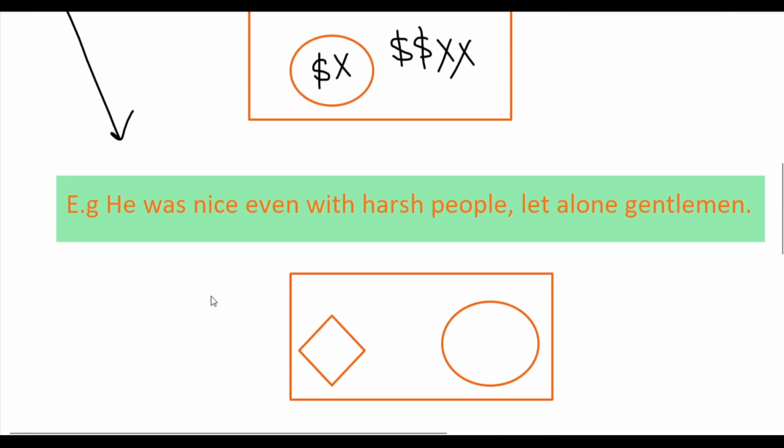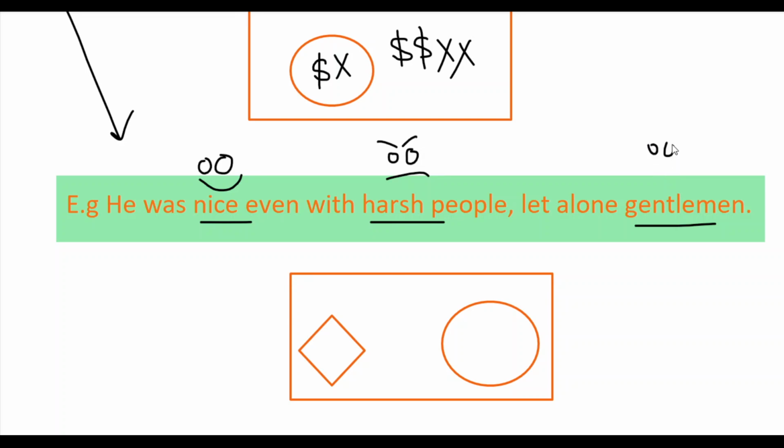"He was nice even with harsh people, let alone gentlemen." So in this case, what is happening is that the overall domain is already considered. So if I want to describe this, I would say, okay, he was nice. This guy is pretty nice. He's soft-spoken, even to people who are harsh, people who are angry, that kind of thing, let alone gentlemen, again, people who are friendly and calm and cool and collected.